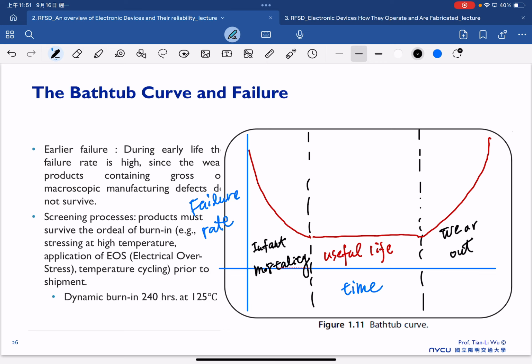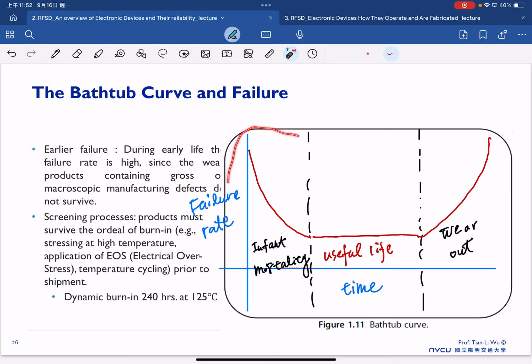So the first one, the infant mortality, is also called the early failure. During early life, the failure rate is high since the product probably contains lots of growth or manufacturing defects, and those did not survive.